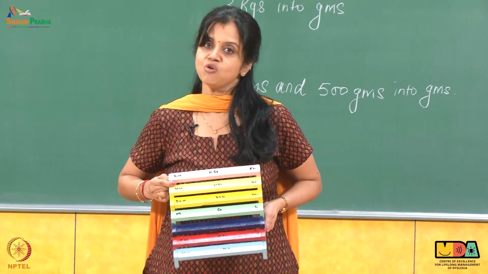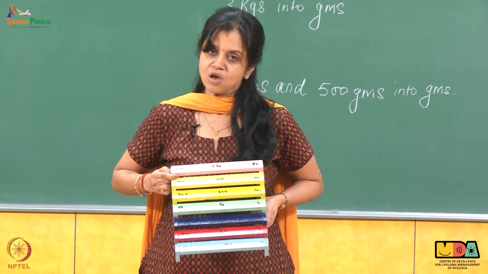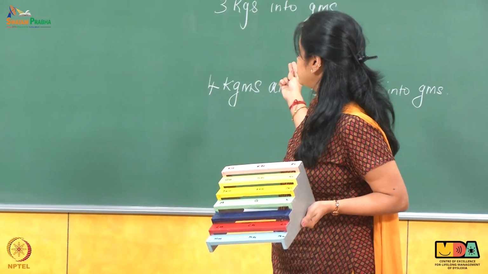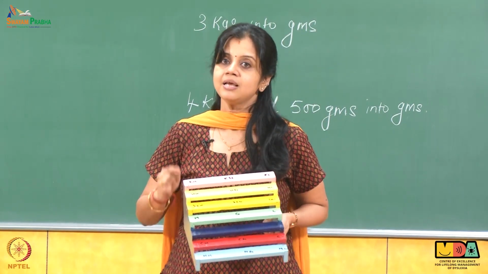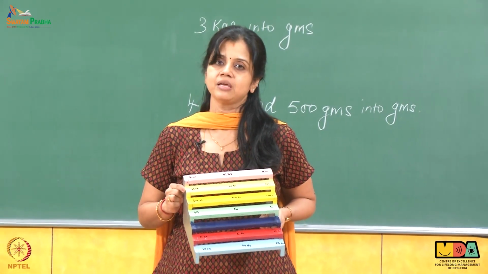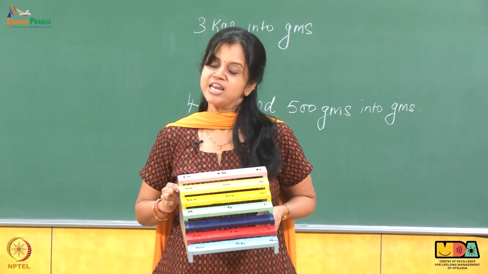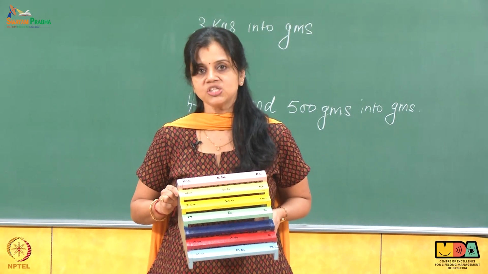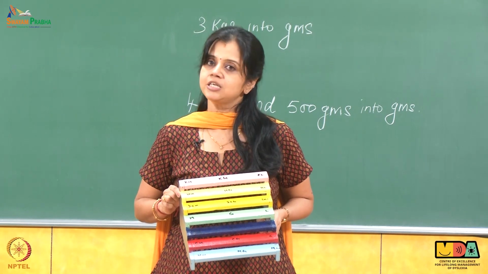After which, when you actually start using numbers, you can make use of this one. Now let us take a number, 3 kilograms, and see how to convert it into grams. Let us also remember one thing: children, our SLD children, or any child for that matter, if you keep changing the instructions that you give, or if you keep changing the methodology, they always find it a little difficult.